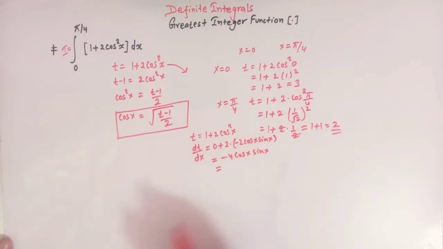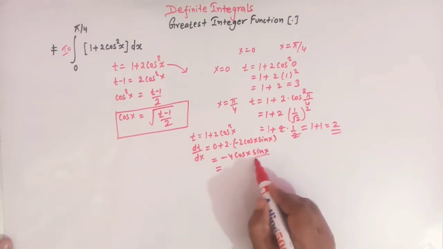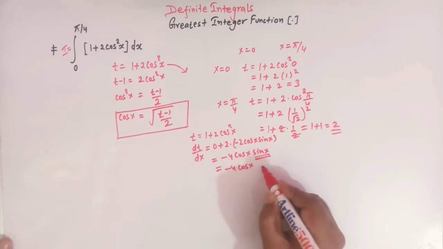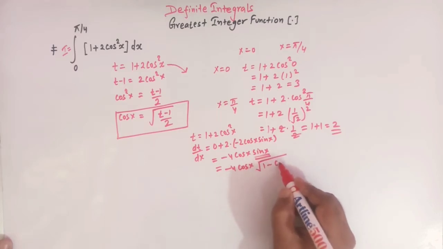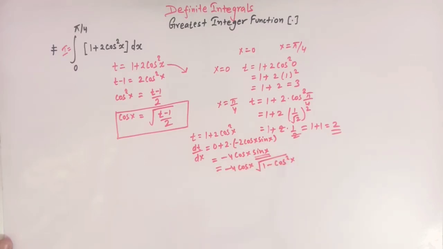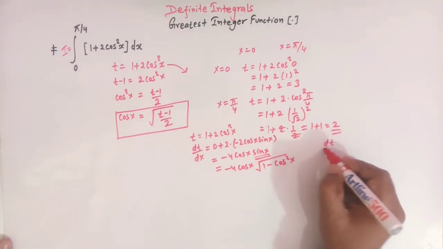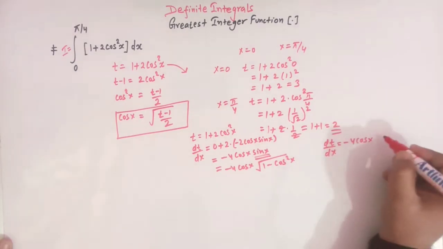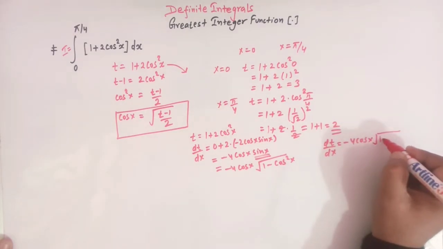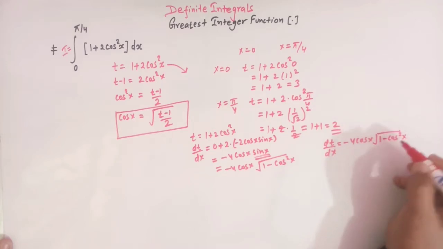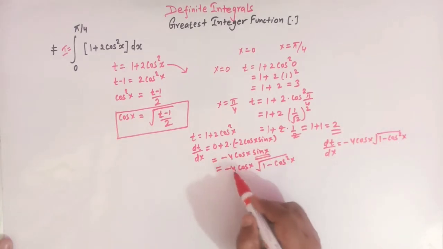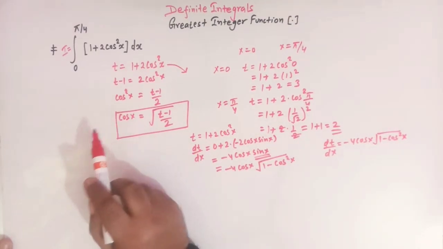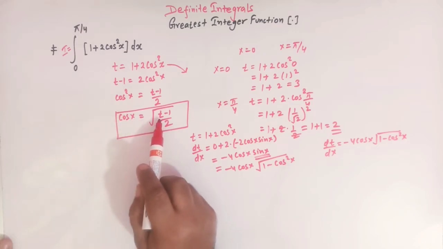Now here we have the term sin x, so we will write sin x as square root of 1 minus cos square x. So now dt over dx is equal to minus 4 cos x times square root of 1 minus cos square x, and we have changed this expression entirely into cosine x, because we have cos x in terms of t.